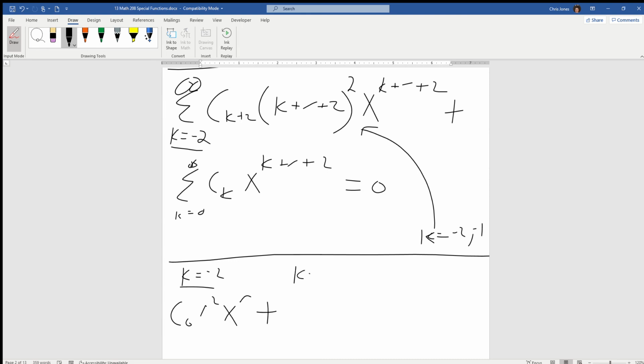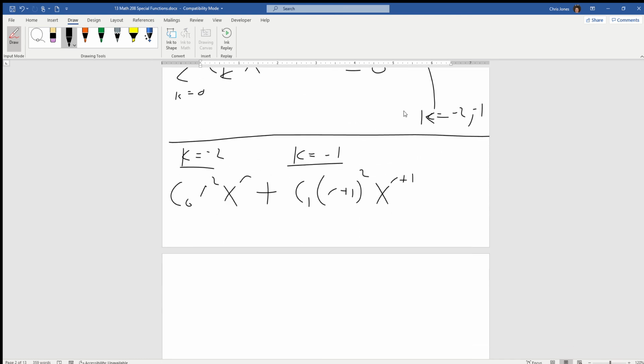When k is equal to negative 1, a little bit more complex, but not that big of a deal, we get c sub 1, (r plus 1) squared, and then we get x to the r plus 1. And again, now we can go ahead and write our series, both with index of 0.